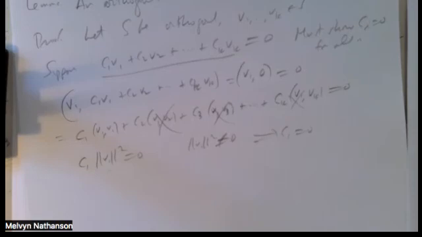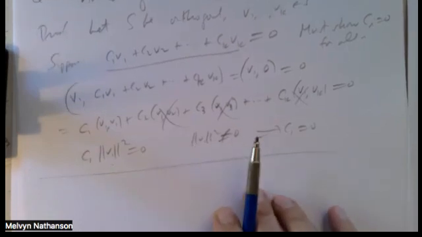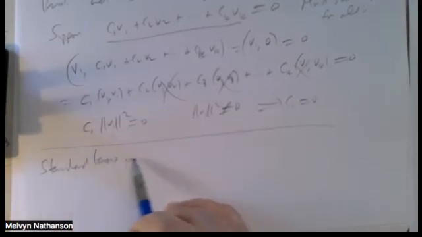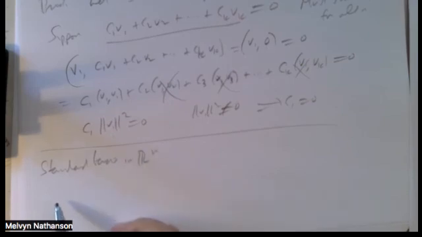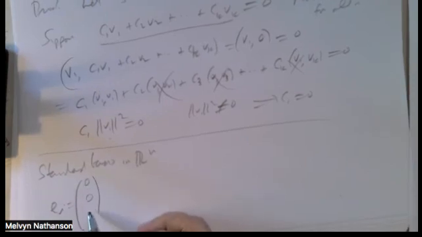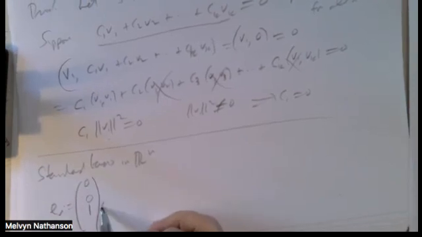So orthogonal implies linearly independent. By the way, when I mentioned an orthonormal set of vectors, recall the standard basis in Rn: you have vectors E1 up to En, where Ei is the vector with all zeros and a 1 in the ith place.